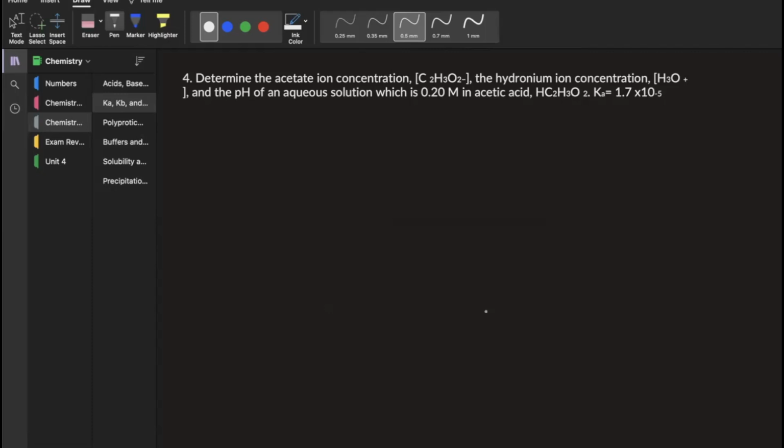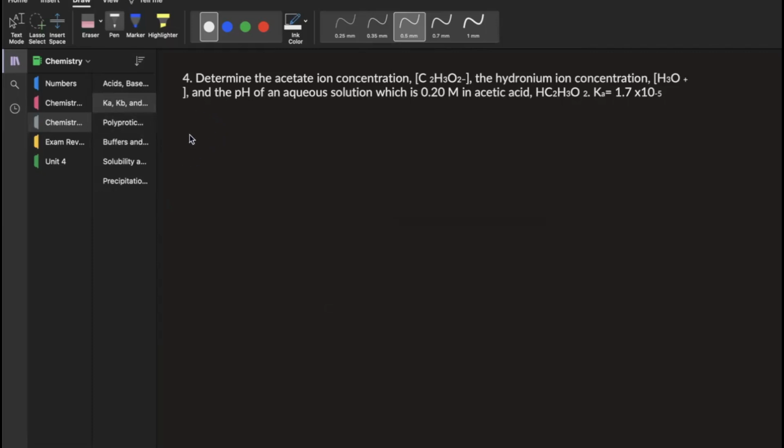Question 4 asks, determine the acetate ion concentration, the hydronium ion concentration, and the pH of an aqueous solution which is 0.2 molar in acetic acid. So, first thing we do, as in almost every single problem, is write the equation.